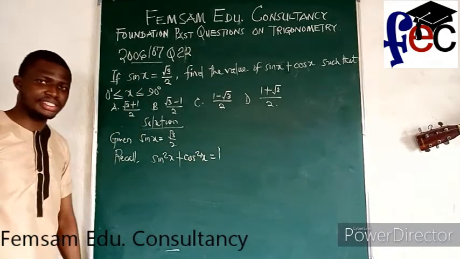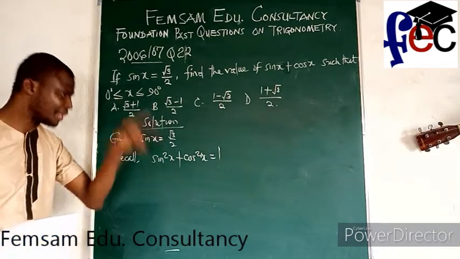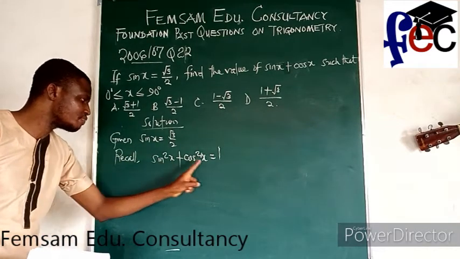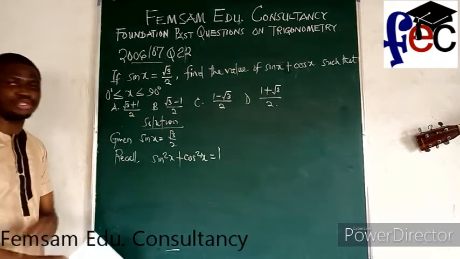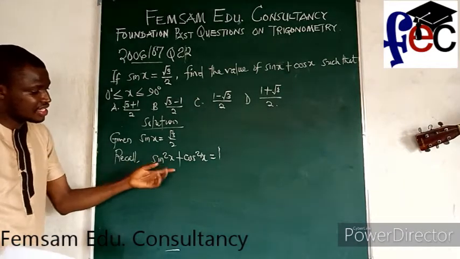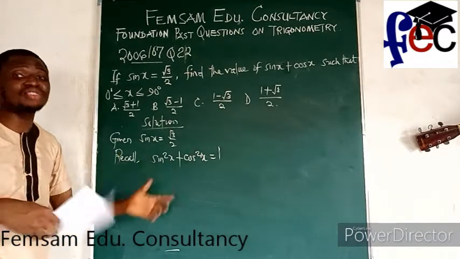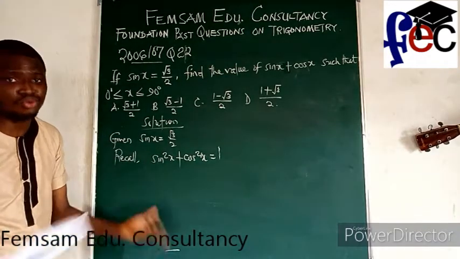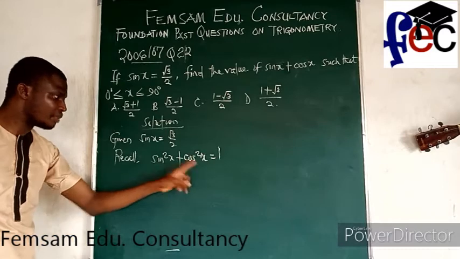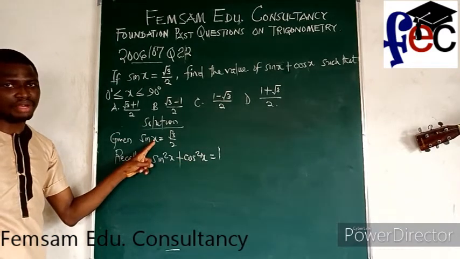This is an identity. It's an identity because any angle you put here will always satisfy this equation. So instead of me to have said sine square theta plus cos square theta is equal to 1, I can say sine square y plus cos square y is equal to 1. I chose x now because I am dealing with angle x.